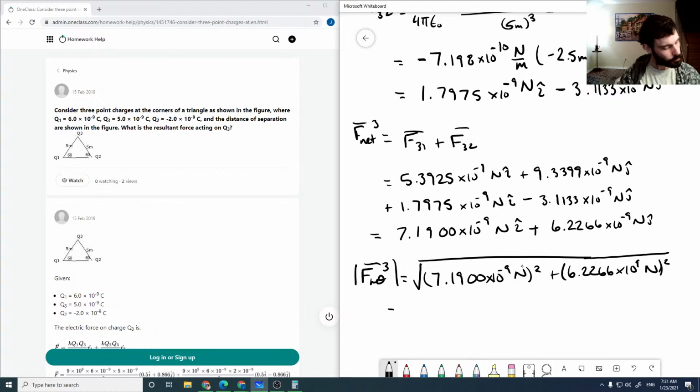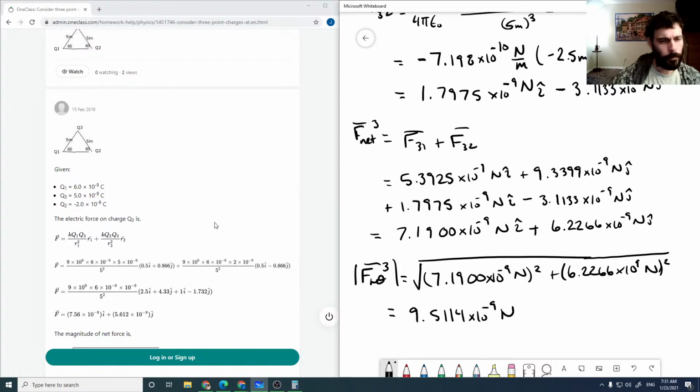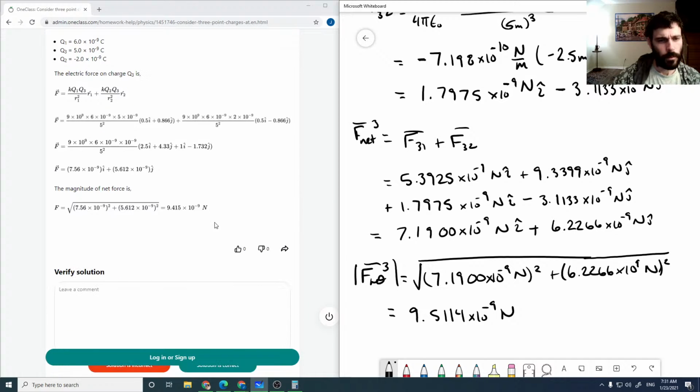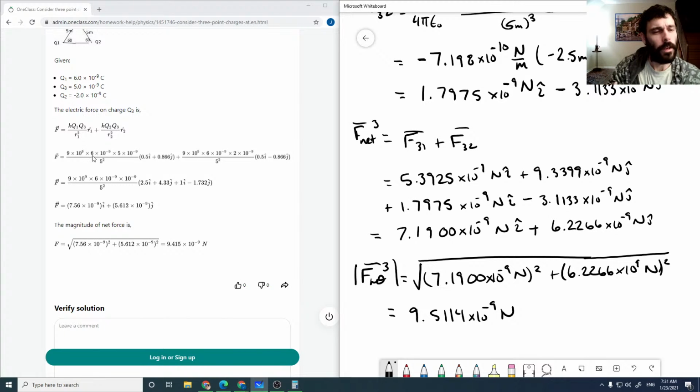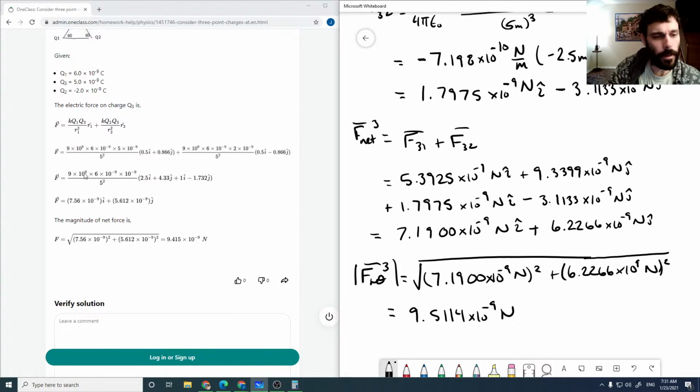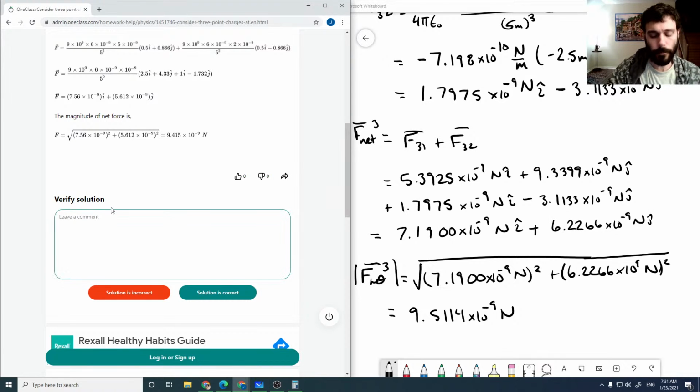There you go. Which comes out to be 9.5114 times 10 to the minus 9 newtons. Okay. And about 9.4, 9.5, that would be just differences in rounding, and using 9 times 10 to the 9 for k instead of epsilon naught would also do that, so that looks good.